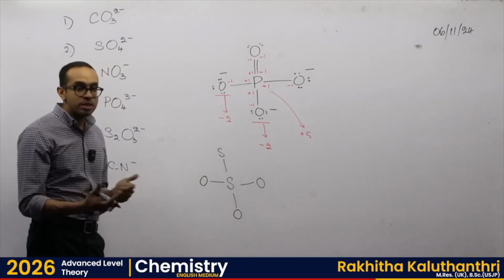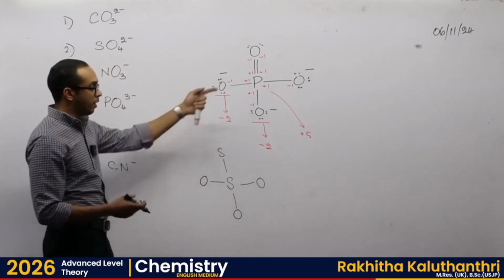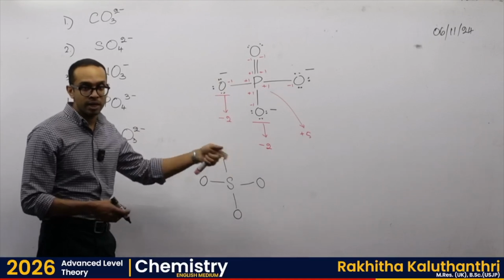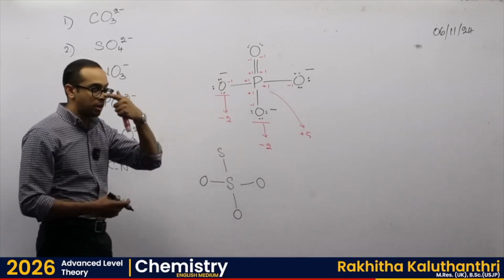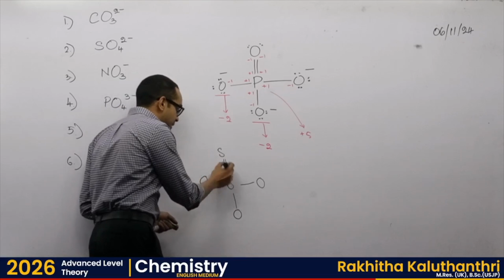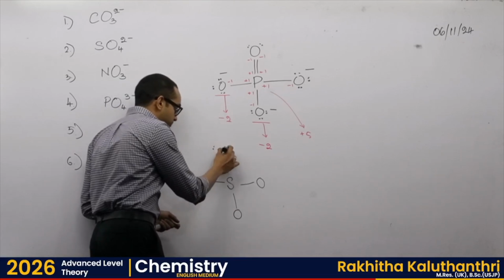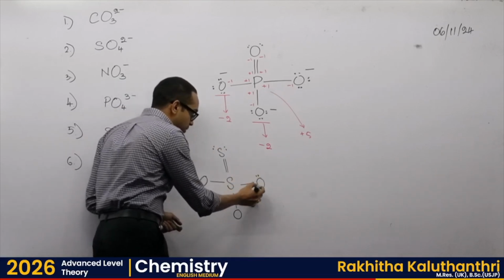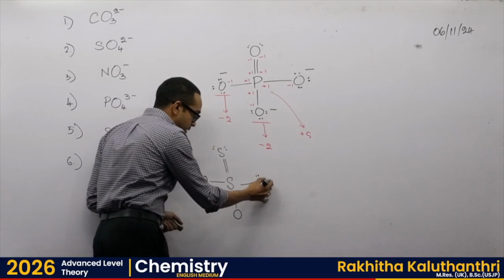Then you do your Lewis structure thing, like where you write the number of electrons and the bond electron pairs, and then the number of valence lone pairs you need to distribute. So once you do that, you get to a structure that looks like this.